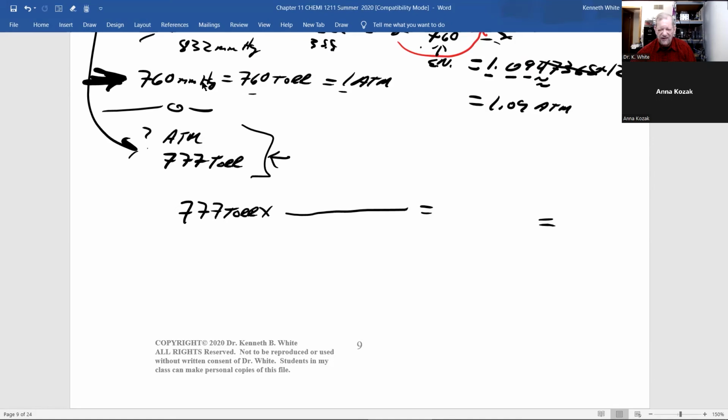And the answer is ATM. Now, I'm going to let you do 2 steps at once. What units and what number go on top and below that ratio? And hence, don't forget to look here. Your turn.